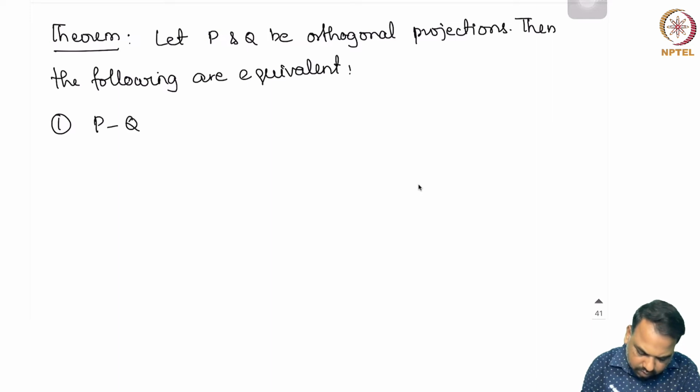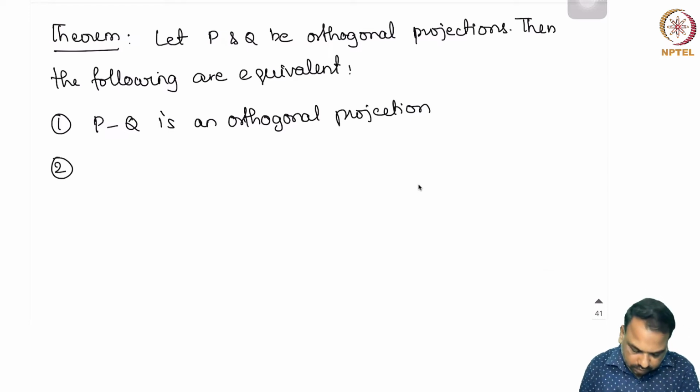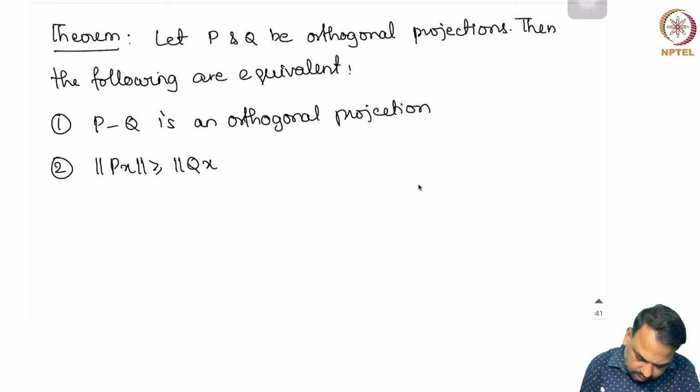First, P minus Q is an orthogonal projection. Second, norm of Px is bigger than or equal to norm of Qx for every x in H.